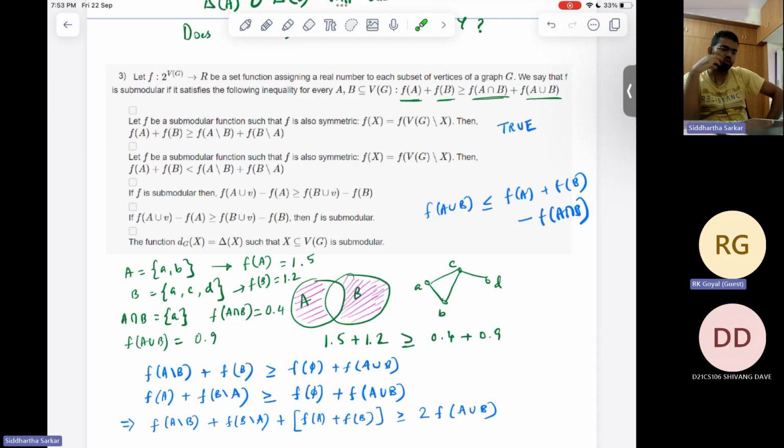Vertices could be outside of a and b also. A and b are just subsets. For example, b could have been only c. A and b are subsets of the vertex set.